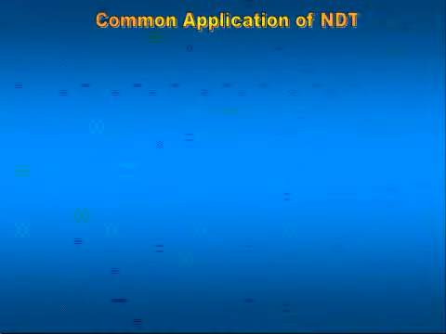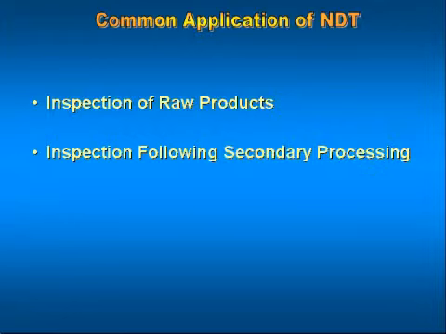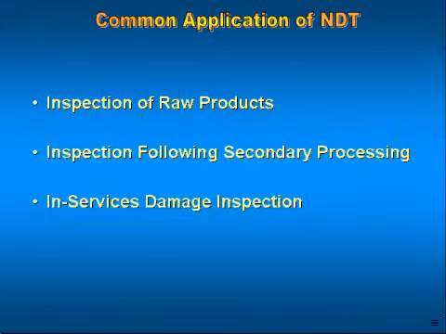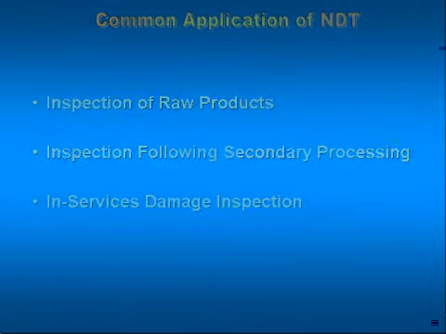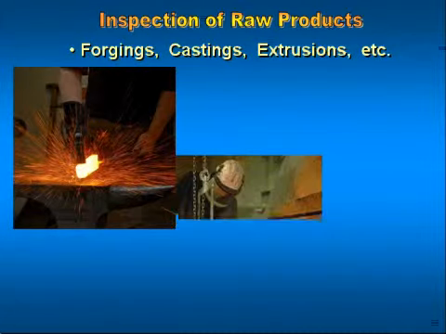Common applications of non-destructive testing include inspection of raw products, inspection following secondary processing, and in-service damage inspection. Some of the raw products that are inspected using non-destructive testing include forgings, castings, extrusions, and so on.